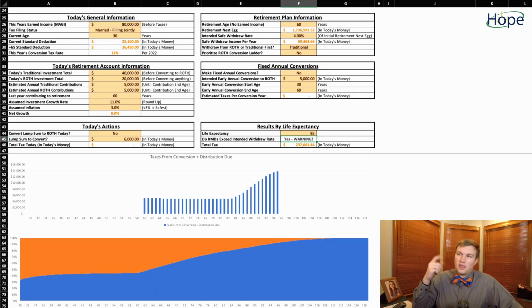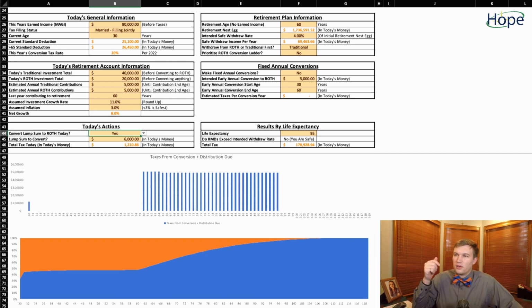That's something that happened to me in my past. But let's say that they can. Let's say they're able to move $6,000 of their traditionally invested money now. Again, they have $40,000 today at age 30, and they move that over to Roth. Well, that increases their tax burden for this year by $1,200, a little more than that.